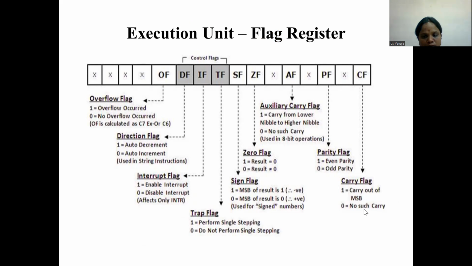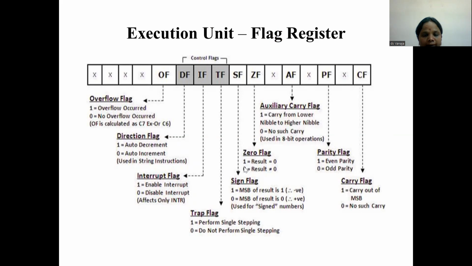Otherwise, it will be 0. And parity flag. If the result is having an even number of ones, then it is set to be 1. Otherwise, it is 0. Then auxiliary carry flag. If there is a carry from lower nibble to higher nibble, then it is set to be 1. Otherwise, it is in a reset condition.